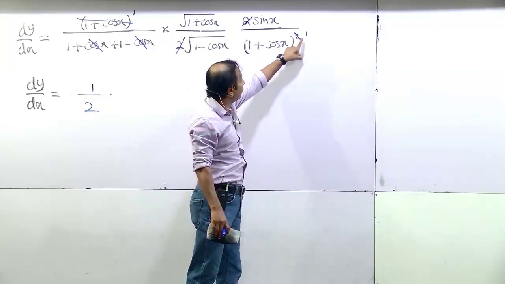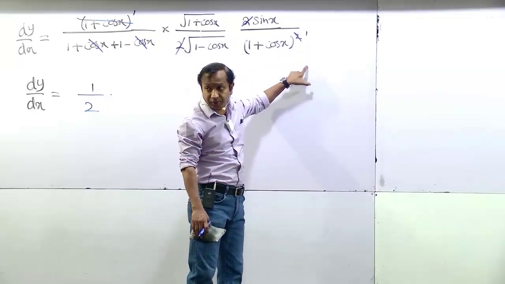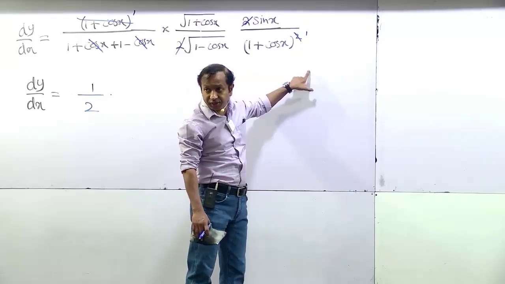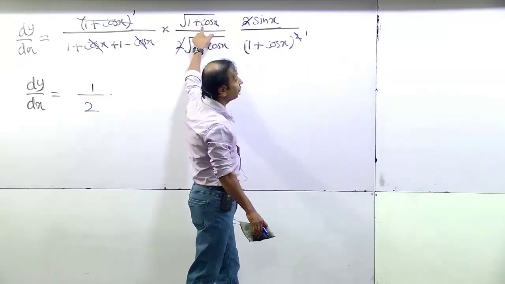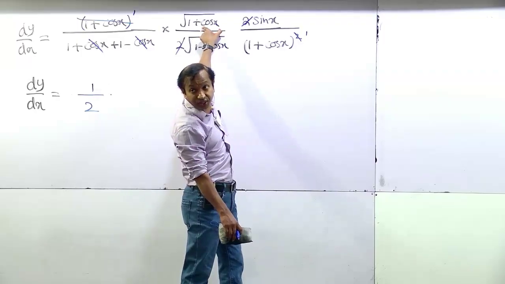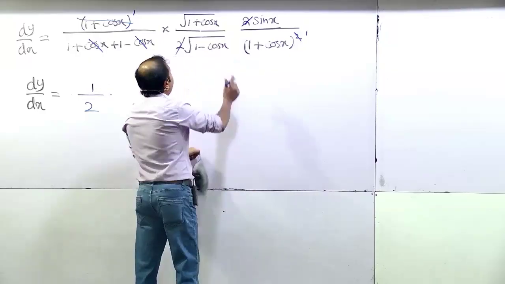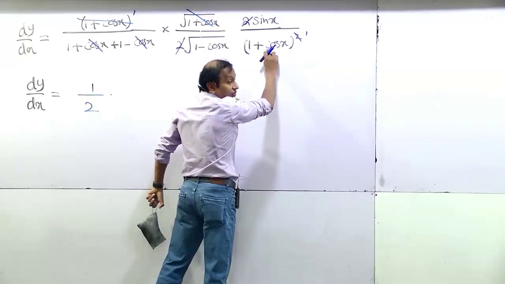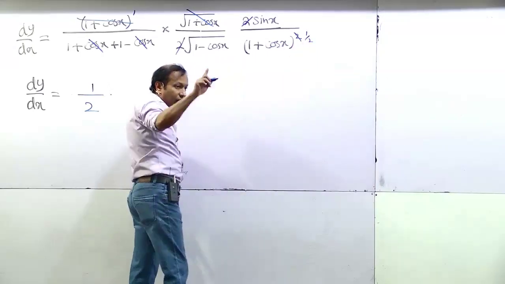Then this 1 plus cos 6 power 1 I can write how? 1 plus cos 6 root multiplied by another 1 plus cos 6 root. Is it clear? Then 1 plus cos 6 root will cancel with this. What do you say? Yes. Then what do you get here? This one becomes what? Power half, no? Right, power half. Or root.